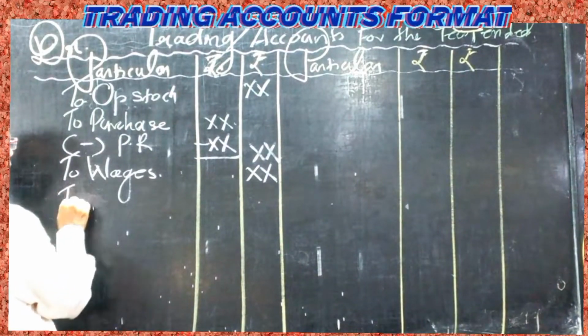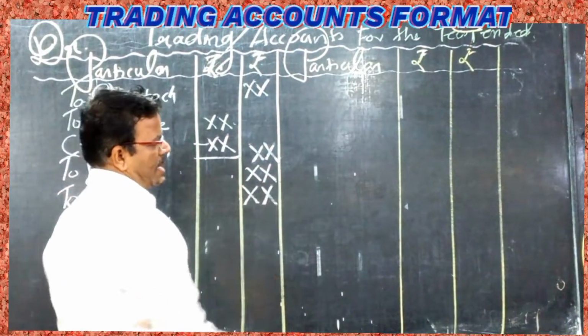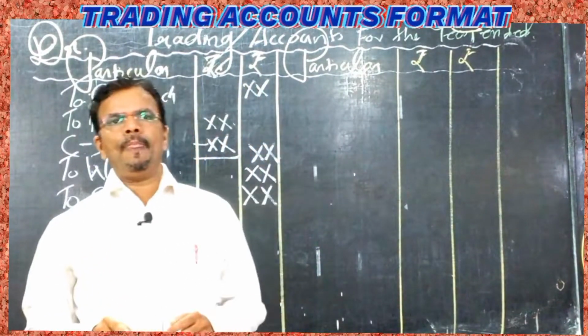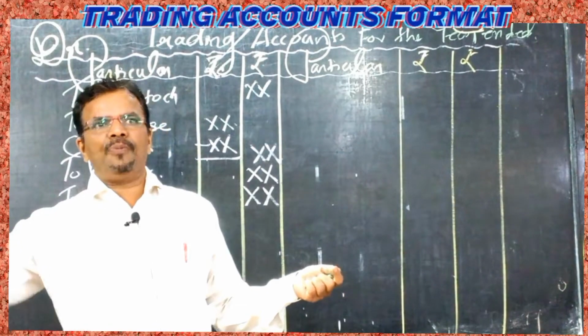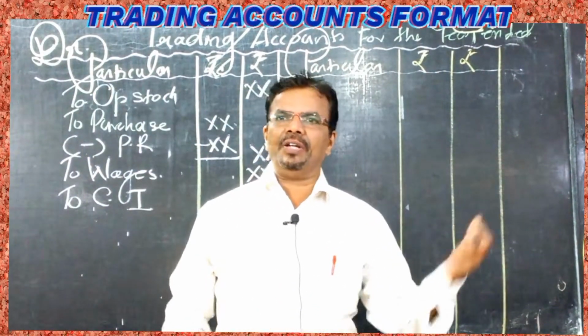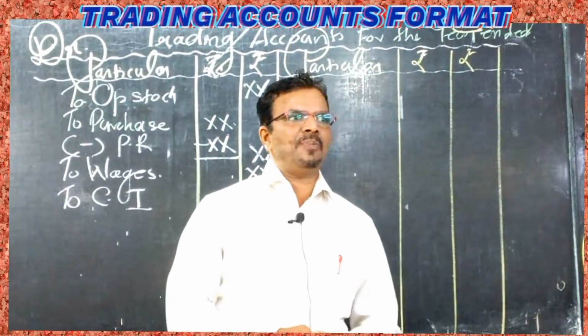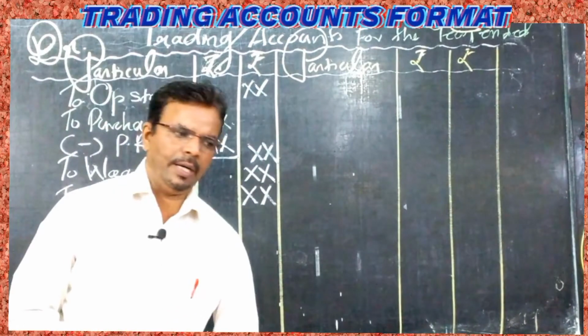Next, to carriage inward. Carriage inward is the expense for the purpose of purchasing the material from far away. When we bring this raw material to the factory, there are traveling expenses, and that traveling expense is known as carriage inward.